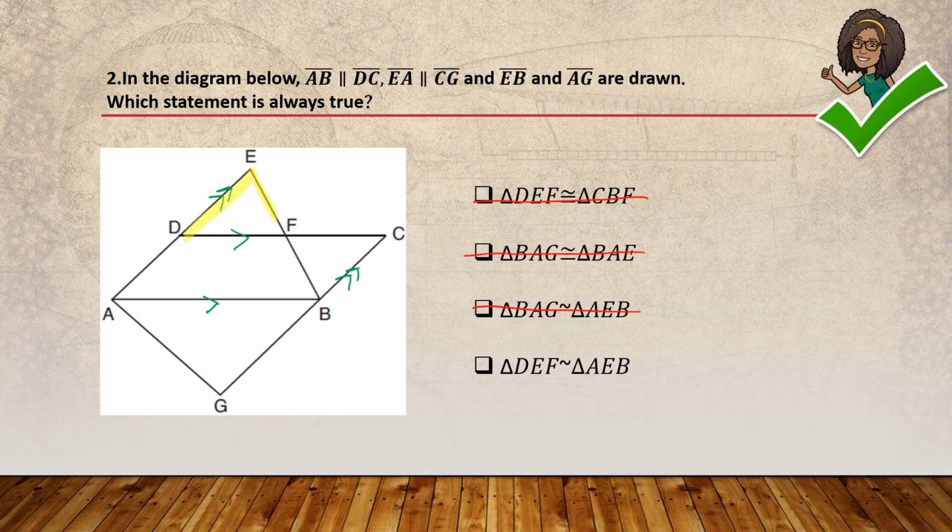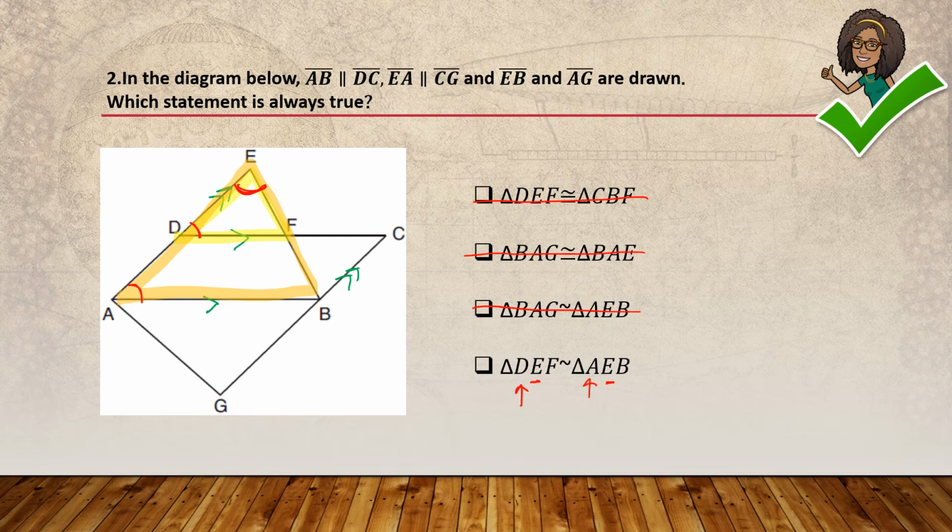So DEF, and then we have the bigger one, AEB. So let's look at what's common here. Obviously angle E has to be congruent to angle E because they both share angle E. And then we see that side BF and side AB are parallel. So that makes some angle relationships right there. D and A are corresponding, and we see that D and A here are in the same position.